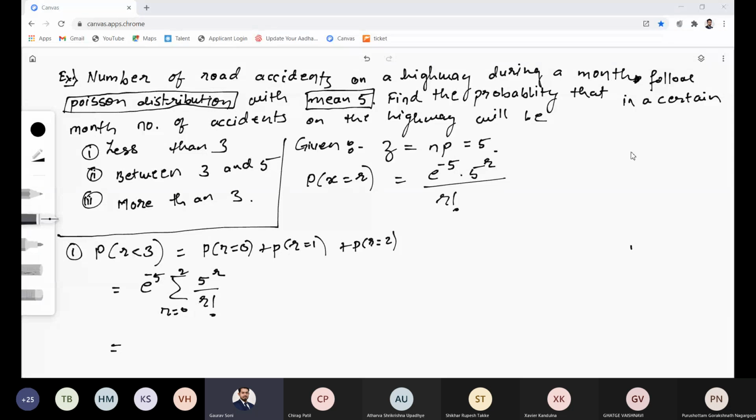Yes, Aryan. Janvi, what is the answer? Xavier, so I'm calculating. Shikhar: Sir, it's 0.1246. Yes, that is correct.